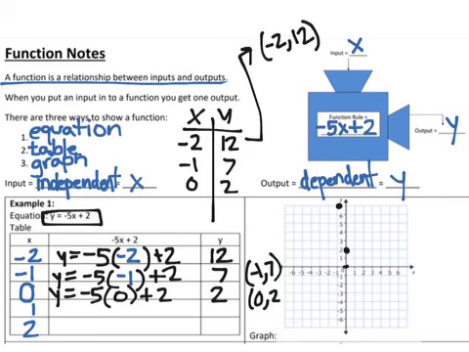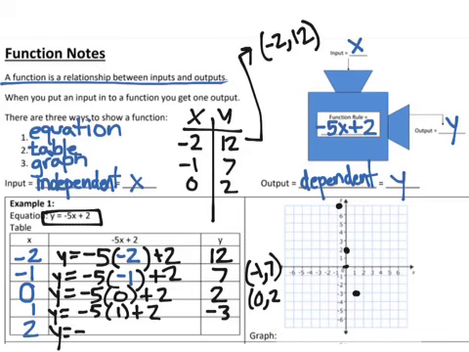Alright. Last couple ones. We've got y equals -5 times +1 plus 2. Well, negative times a positive is negative, so we have -5 plus 2 leaves us with -3. So we have a point at 1, -3. And then the last one, 2.